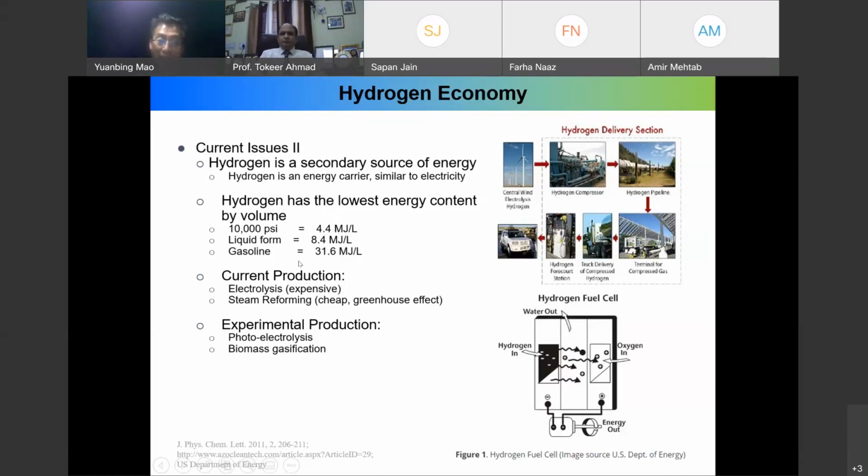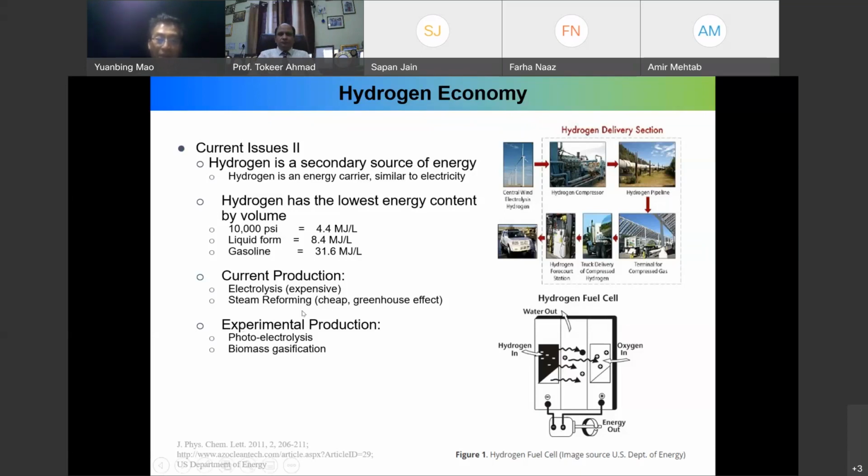But gasoline, just by itself in normal conditions, is already 31.6, right? That's several times higher than hydrogen, even under 10,000 psi or in liquid form. The other important thing is that the current production is mostly by electrolysis, which is expensive.